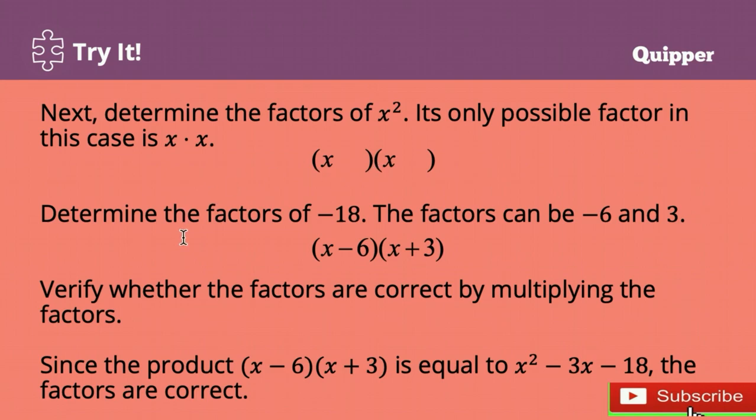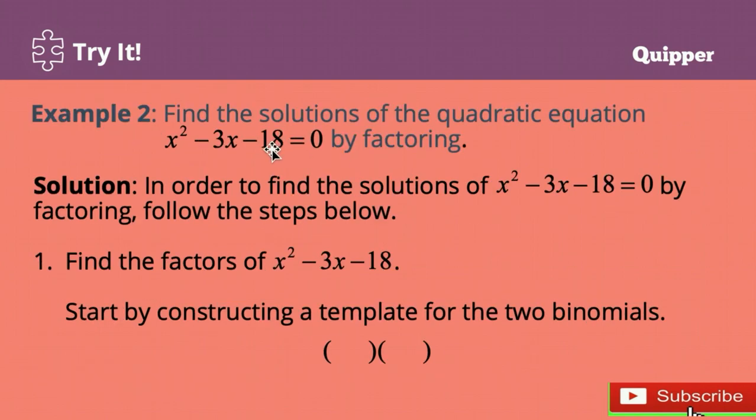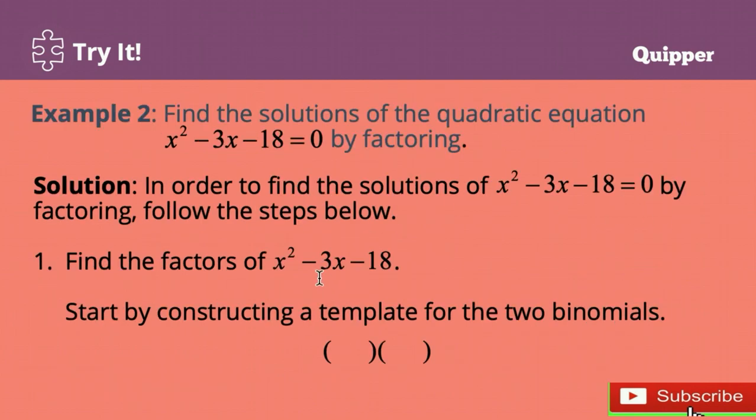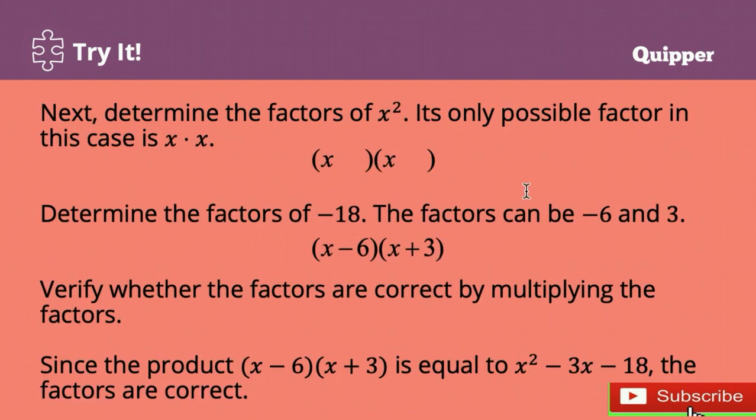Then determine the factors of negative 18, which is the third term. The factors can be negative 6 and positive 3. When you add negative 6 plus 3, the result is the middle term, which is negative 3. So we will be using this factor. Since that's negative, we have x minus 6, and 3 is positive.